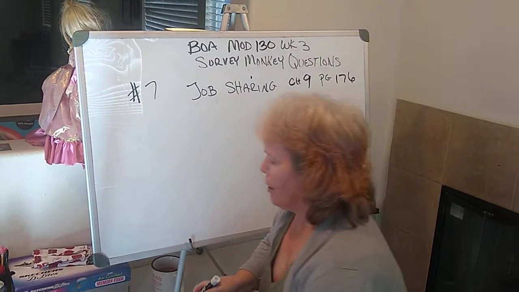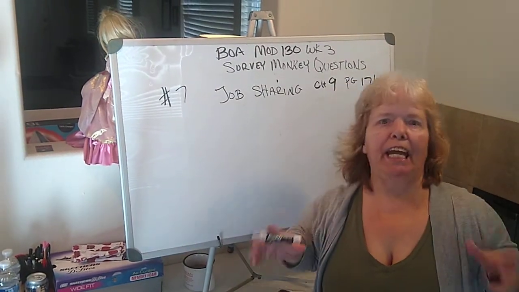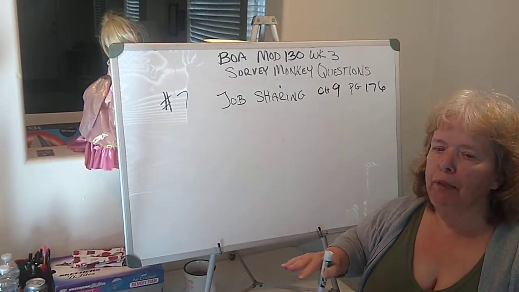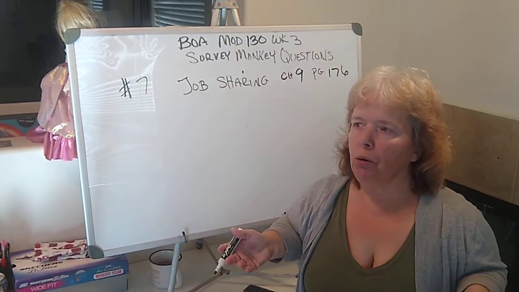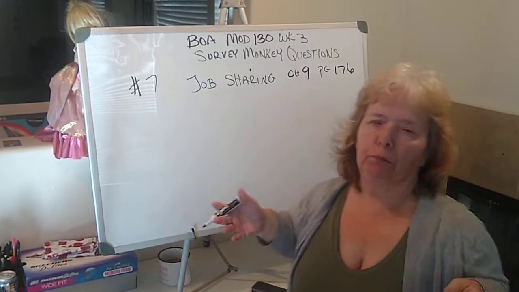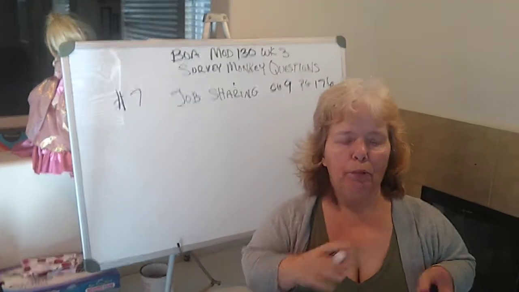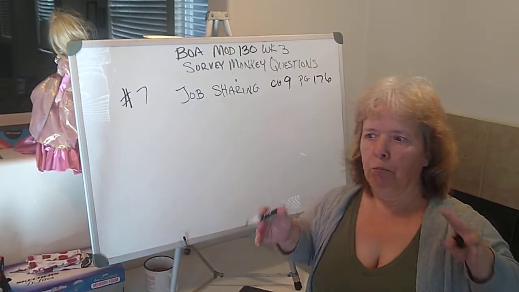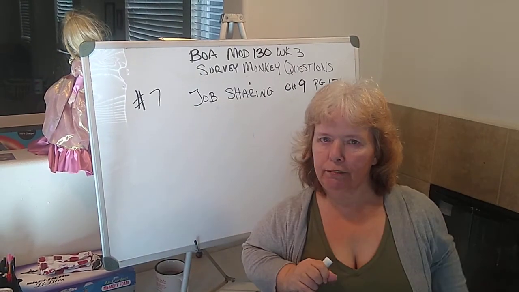So it's pretty simple. A job that normally is defined as an 8-hour position can be broken up into 2 part-time positions. So let's say a company wants a bookkeeper as a full-time, but they have 2 people who say, hey, we would like to do job sharing, we'll share the responsibilities, and then they work together and they coordinate their activities, of course.